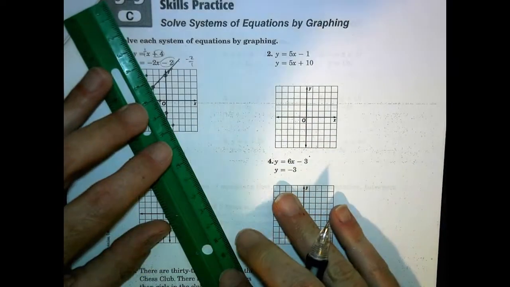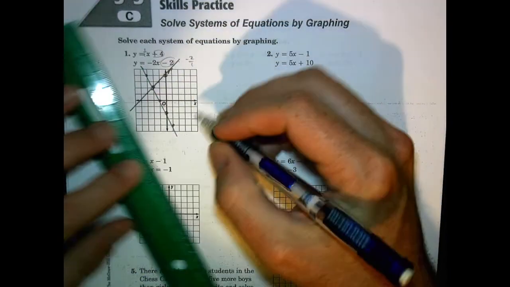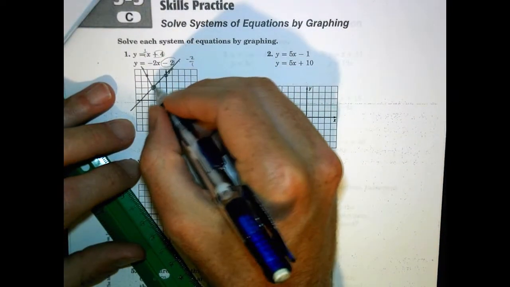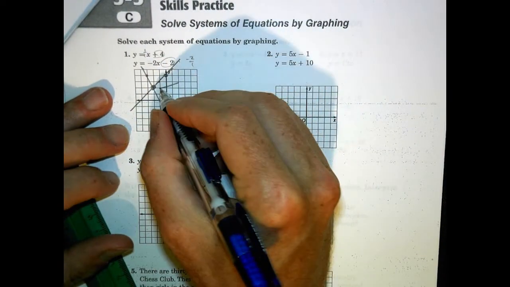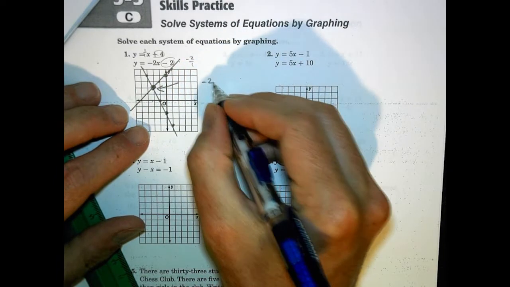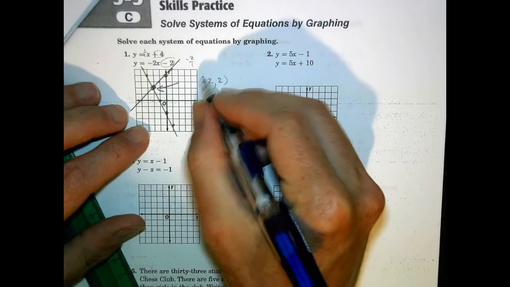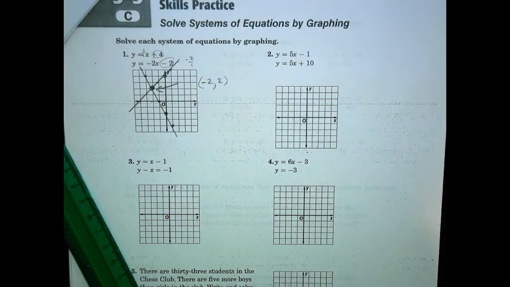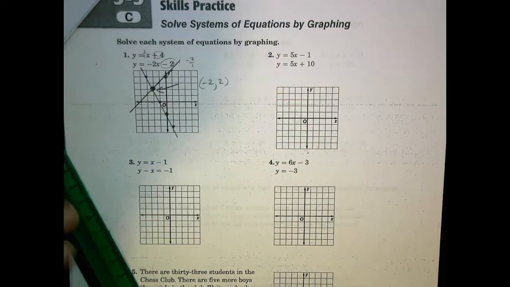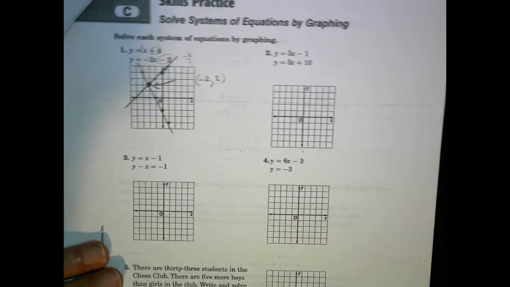So let's graph that here so we can visually see it together. And we know that our solution looks like it's right there at that spot, which is at negative 2, and up 1, 2 there. So our solution is going to be at negative 2, 2. And again, to check it out, you plug it back in and see if it works.